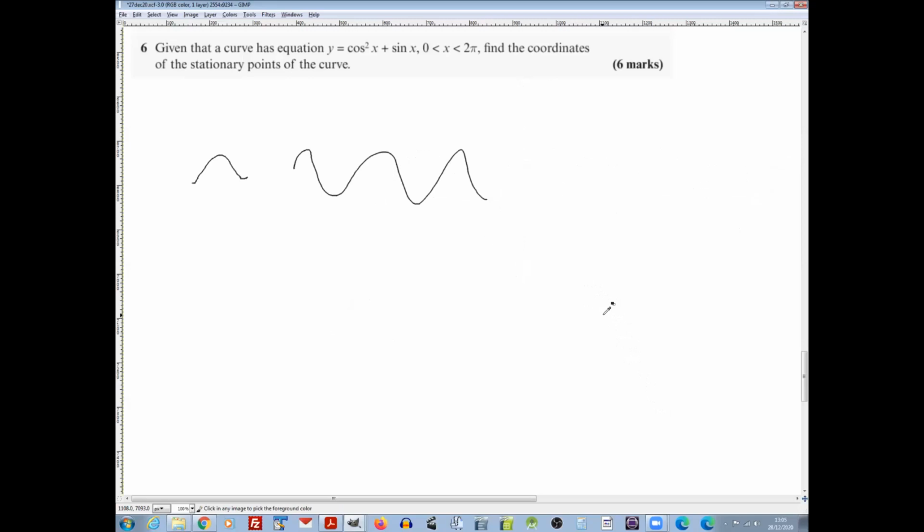Is that clear as mud? I think so, yeah. I'm just saying, if that's cos, the square of cos would look a bit more like that.